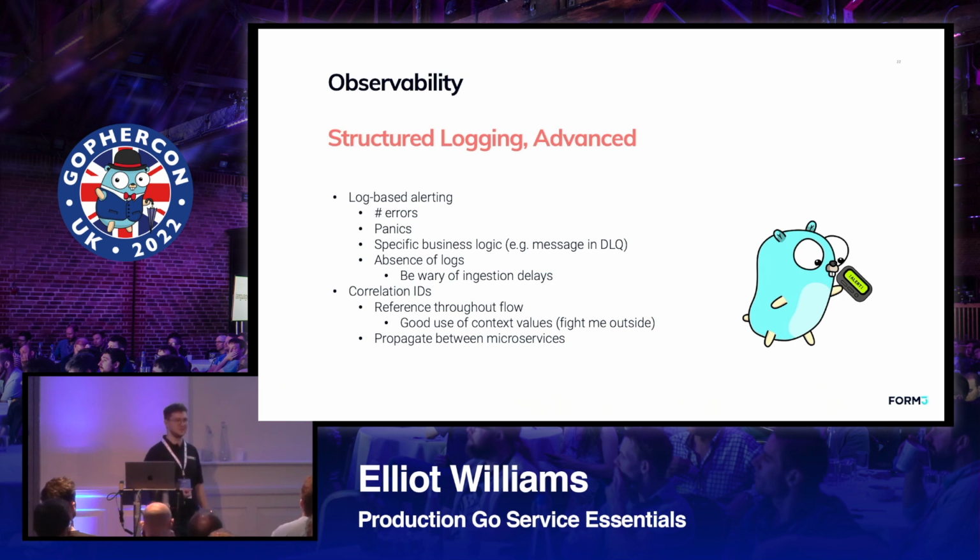You can fight me outside if you really want to argue about that. Yeah, and I also recommend that you propagate the correlation IDs between your microservices. So if you have downstream APIs from yours, then you propagate those correlation IDs so that you can see how things have gone all the way through. And we can talk about tracing, but we'll talk about it in a second.